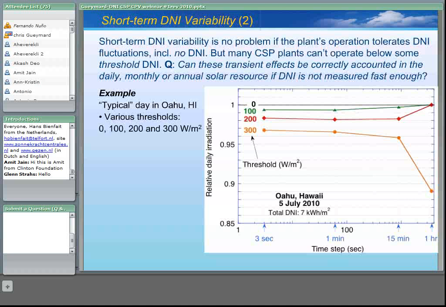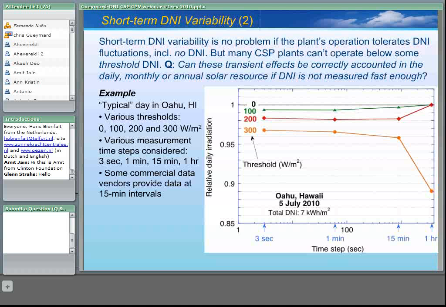Let's see what we have with this typical day in Hawaii. I considered different thresholds from 0 to 300 watts per square meter, and various measurement time steps from 3 seconds, which is the original data, to 1 minute, 15 minutes, and 1 hour. And why 15 minutes?